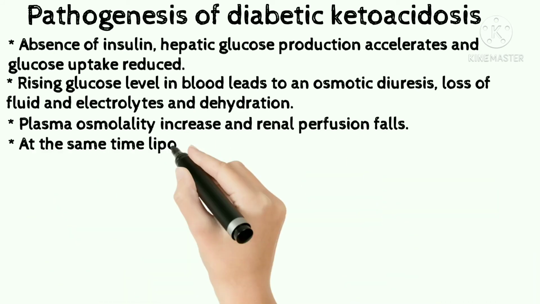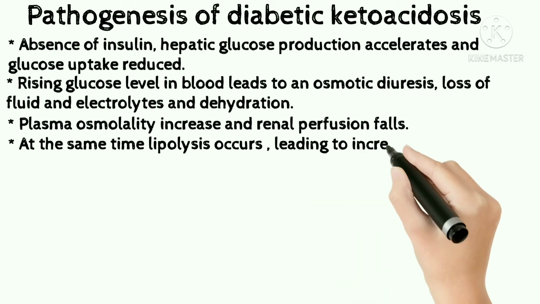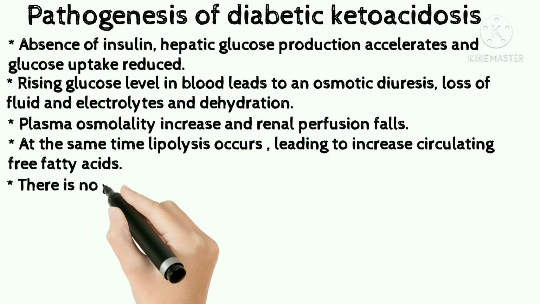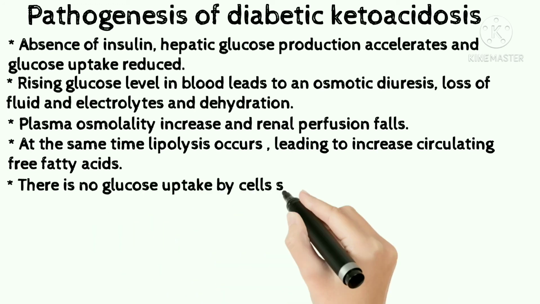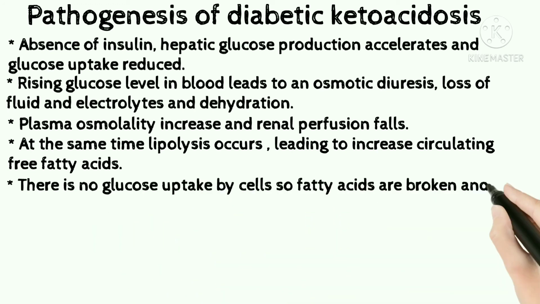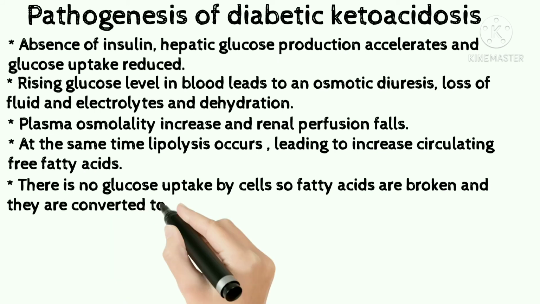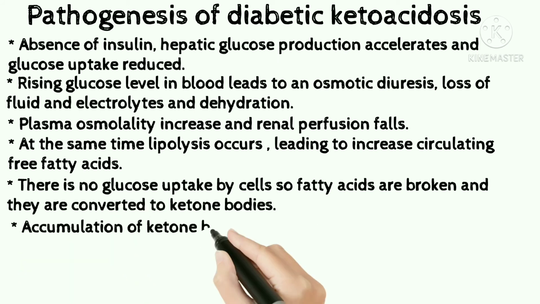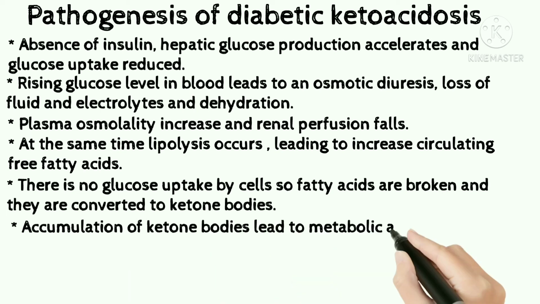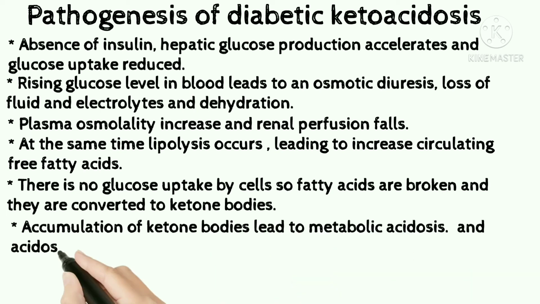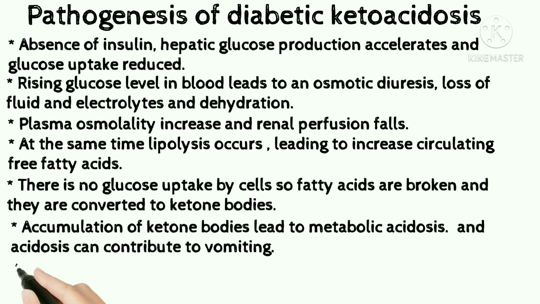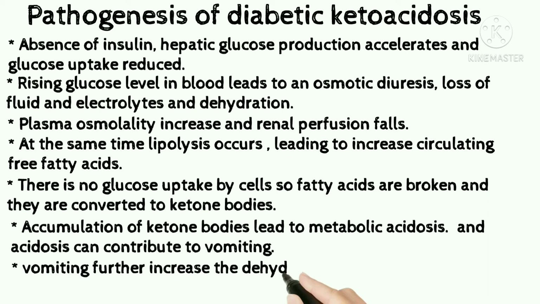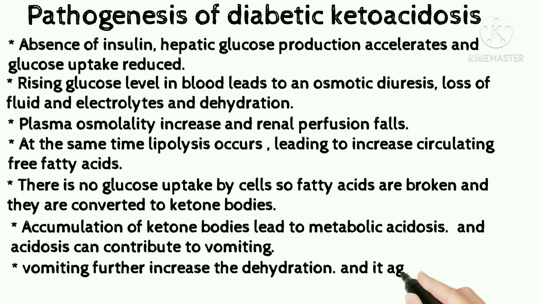At the same time, lipolysis occurs, leading to increased circulating free fatty acids. There is no glucose uptake by cells, so fatty acids are broken down and converted to ketone bodies. Accumulation of ketone bodies leads to metabolic acidosis, and acidosis can contribute to vomiting. Vomiting further increases the dehydration, and it aggravates the acidosis.